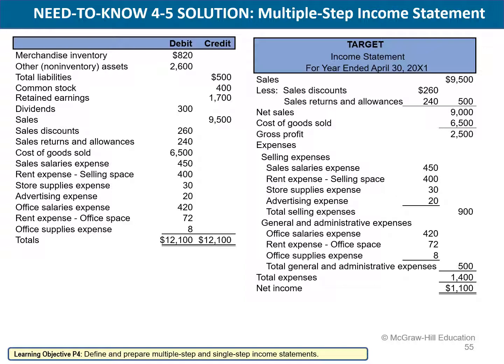So they tell us what our selling expenses are: the sales salary expenses, the rent expense for the selling space, store supplies and advertising. And then your general and administrative are things like office salaries, rent expense for the office space, and then office supplies expense.